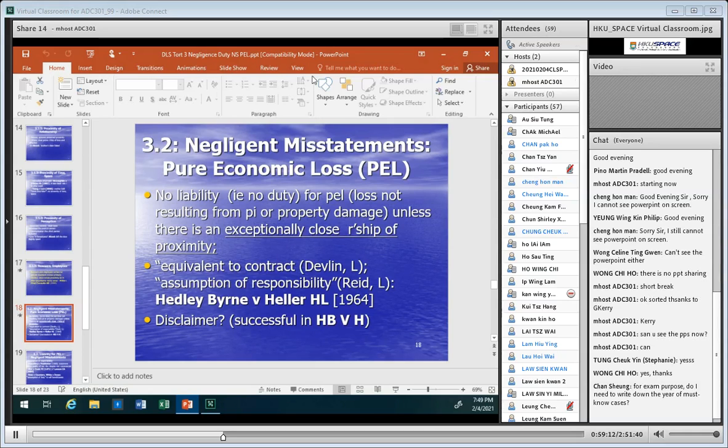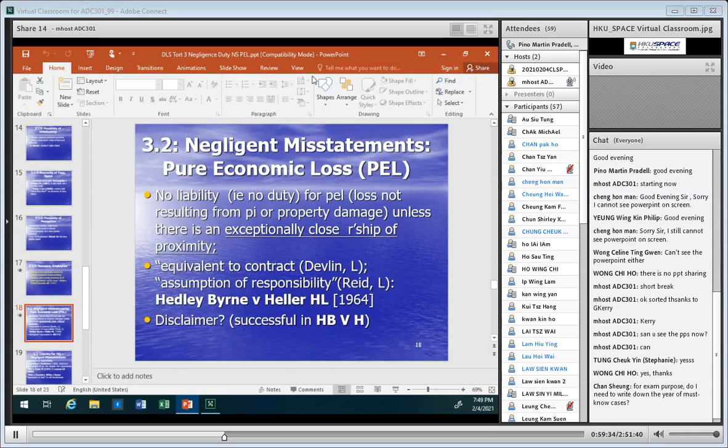Okay. So in Hedley Byrne v Heller, the court found that a duty of care could be owed for negligent misstatements causing pure economic loss, providing there was sufficient proximity equivalent to contract. Was there an assumption of responsibility by the statement maker, and was there reasonable reliance by the representee?